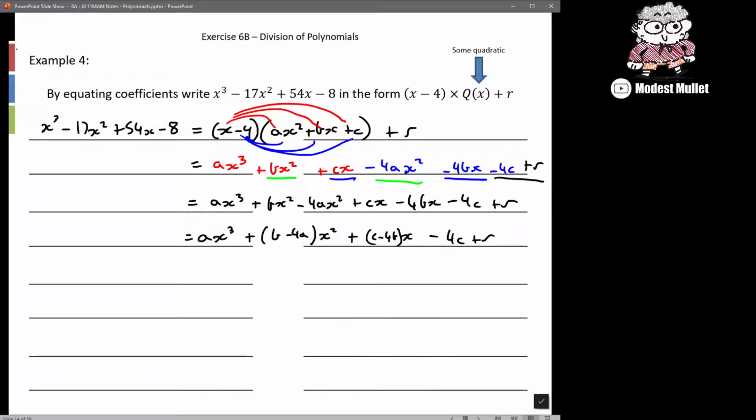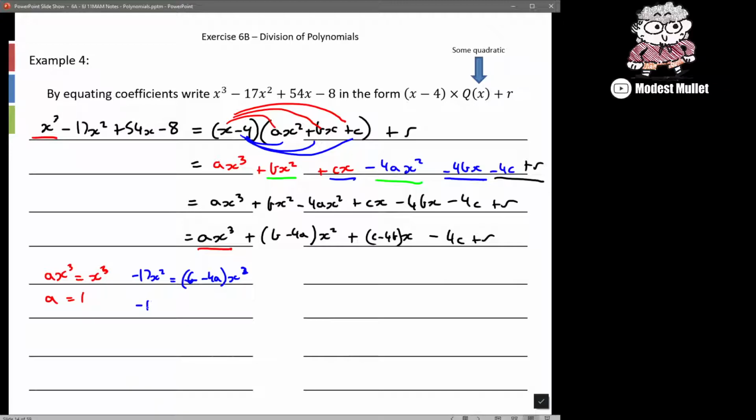So I can now equate coefficients. I have my x cubed, so ax cubed is equal to x cubed, which is quite obvious that a needs to be equal to 1. My next one, I have negative 17x squared is equal to b take away 4a x squared.